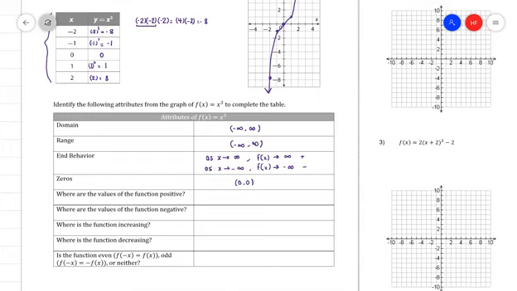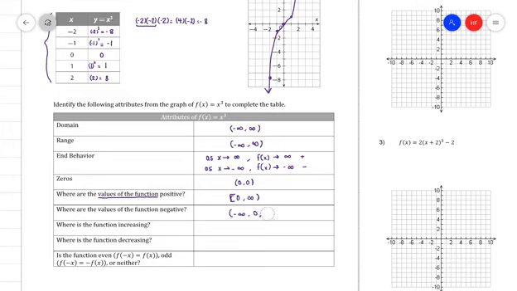Where are the values of the function positive? So the values of the function mean my y values. So where are my y values positive? And that is between 0 and infinity. Where are they negative? Between negative infinity and 0.